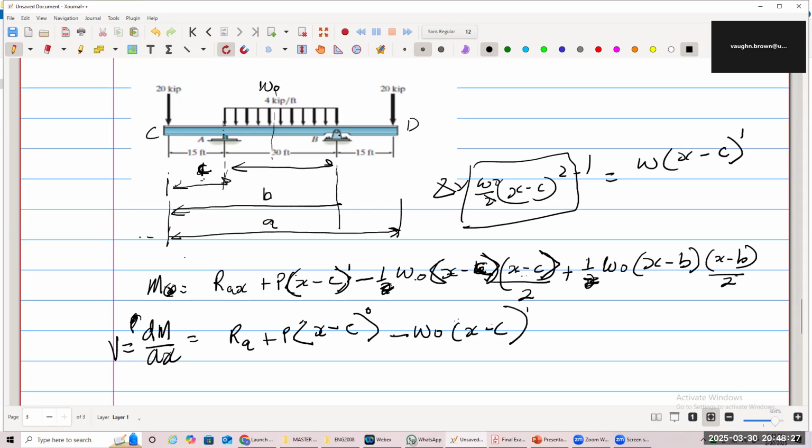So that is what you will get here, minus, and then this one will be plus when you finish, x minus B to the 1 power. Still keep the bracket, because there's some condition that when the expression inside here becomes minus, it drops out, and when it becomes 0, it drops out. So there are some conditions. So this will typically be your shear force expression.